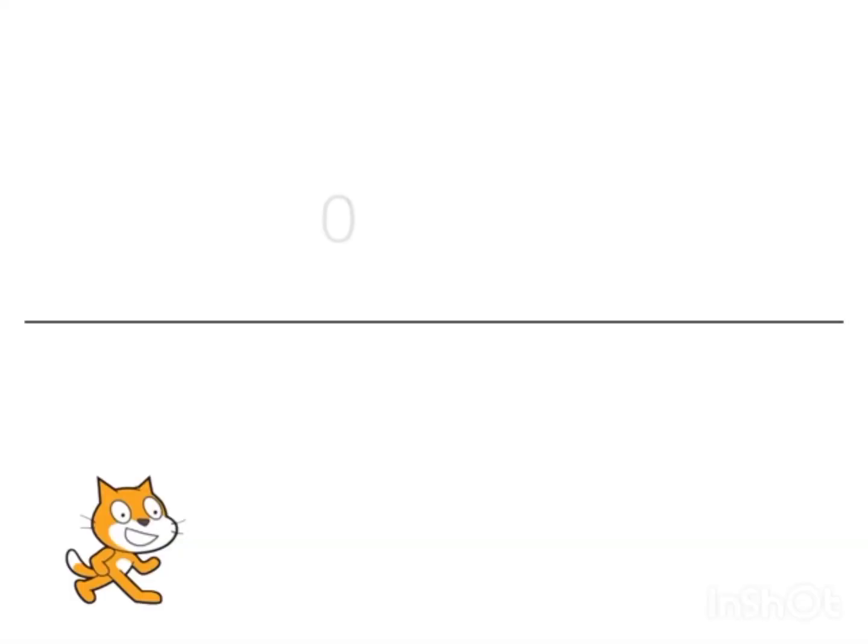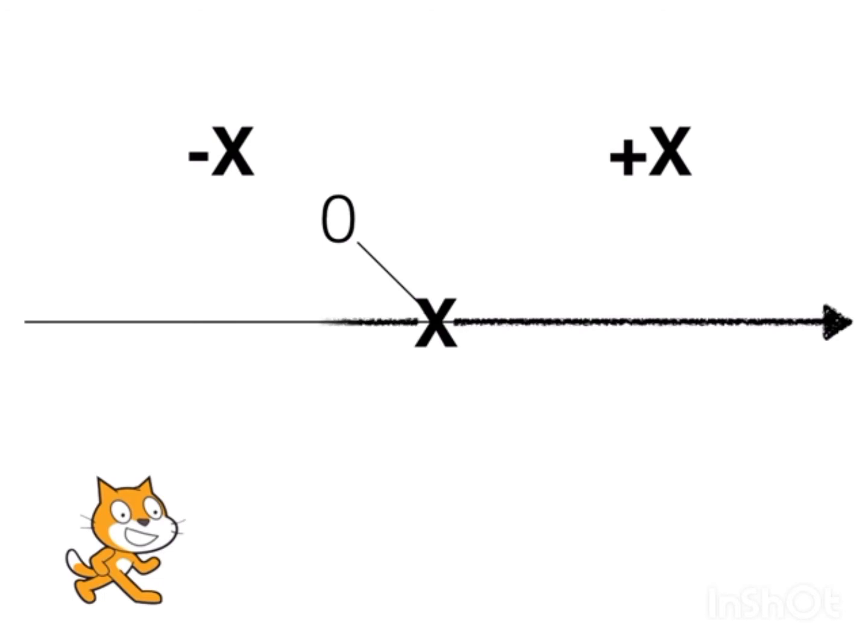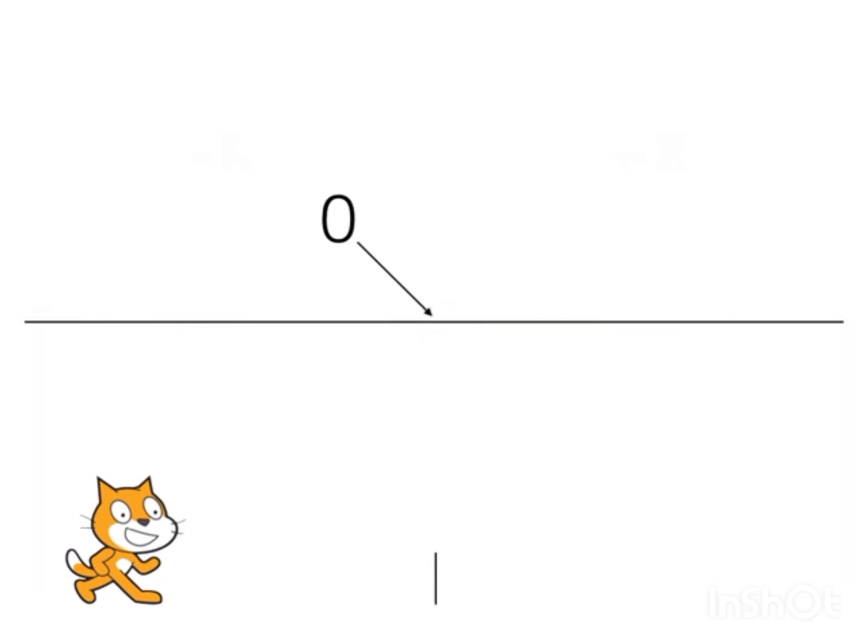Now look at the screen. It's a horizontal line and it is the x-axis. You get the positive value when you move to the right, and you get the negative value when you move to the left.